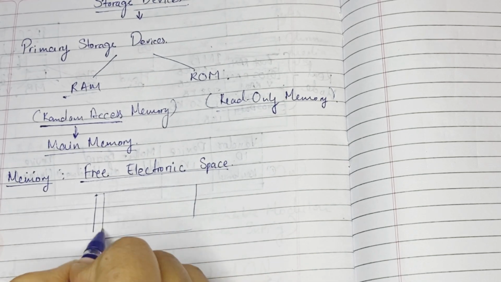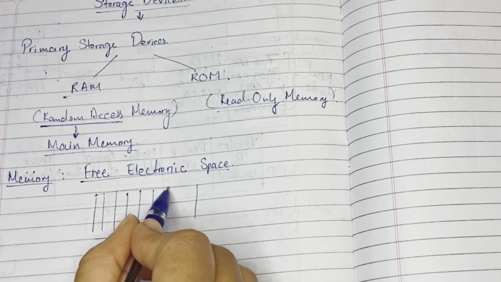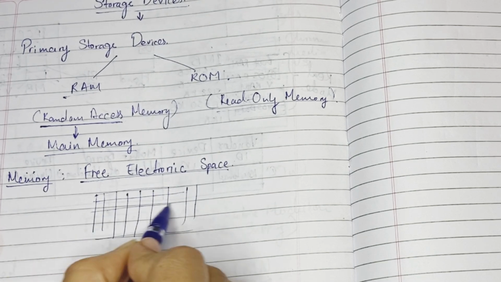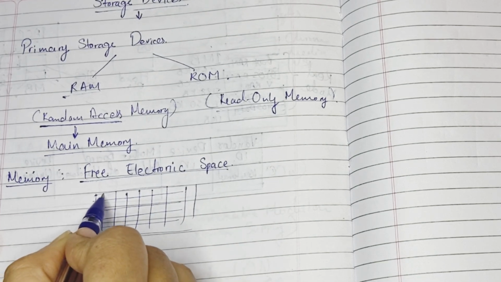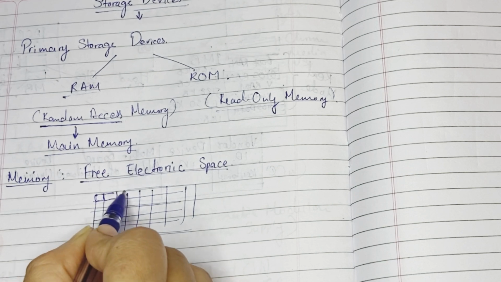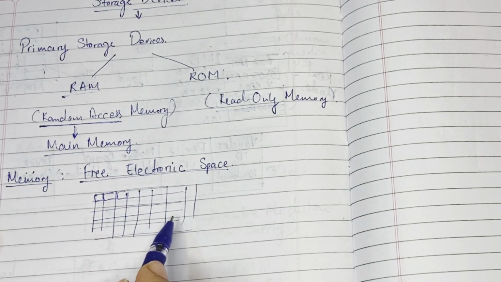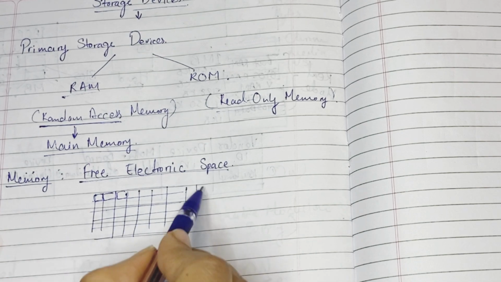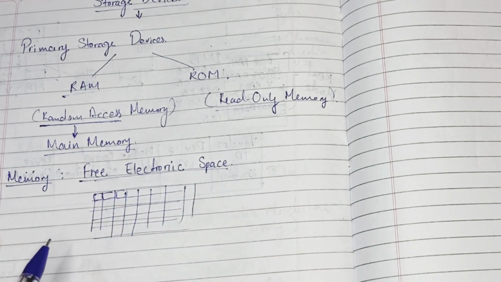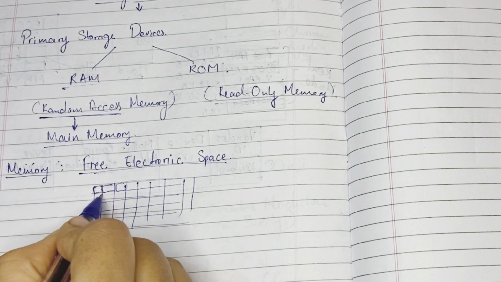It's something like this: it has multiple cells in it. This is one cell, second cell, third cell. The collection of all of these is called free electronic space. So this is a cell unit.